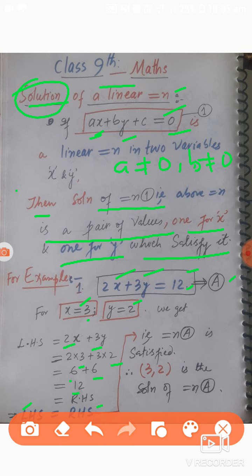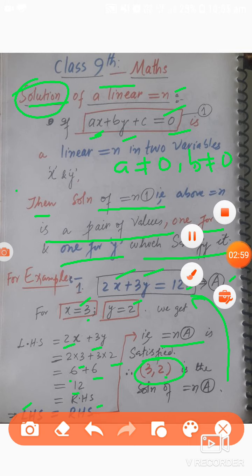So we can say that the given equation gets satisfied by these two values, x equal to 3 and y equal to 2. This pair x equal to 3 and y equal to 2 is the solution of equation A. In this way we can understand the concept of the solution of a linear equation in two variables.